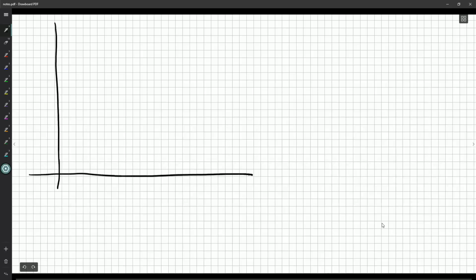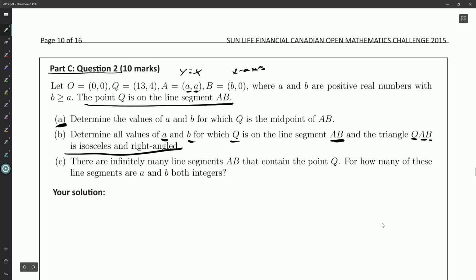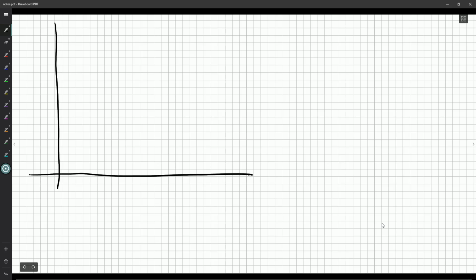So Q is somewhere, it's (13, 4), right? Yeah, (13, 4). So somewhere way out here, 13, and well, let's say 13 and 4 here. So we'll say Q is about here. Now, A is somewhere on the line like this.